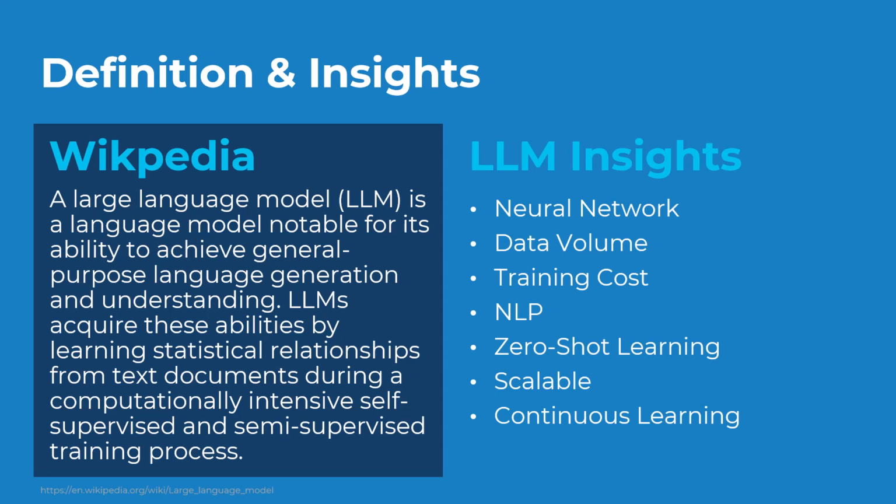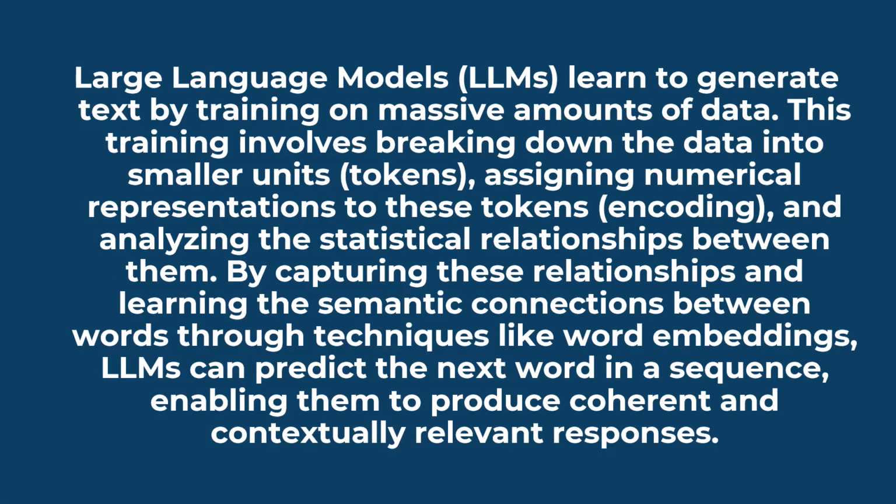And with that, you already have a pretty decent grasp of what a large language model is, but let me summarize it for you. Well, summarize is a big word for a long text like this. Anyway, here it goes. Large language models learn to generate text by training on massive amounts of data.